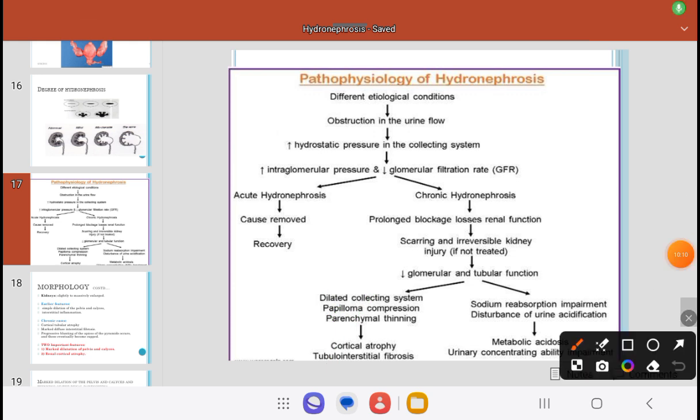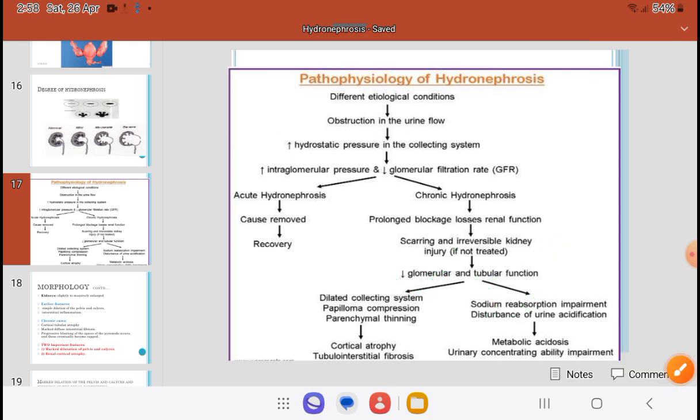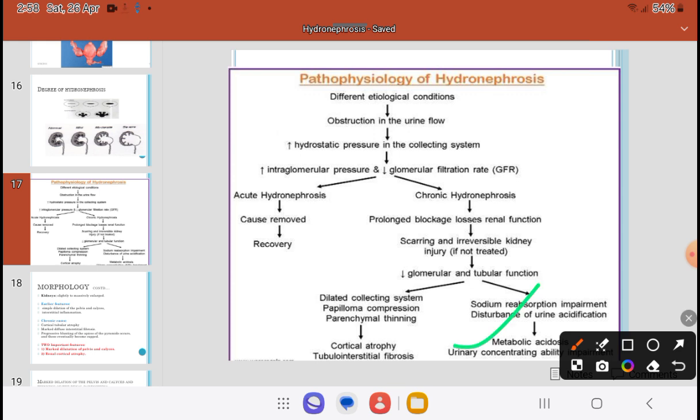The next thing is that due to decreased glomerular and tubular functions, there can be a defect in sodium reabsorption and disturbance of urine acidification, and further that leads to metabolic acidosis in a patient with hydronephrosis.